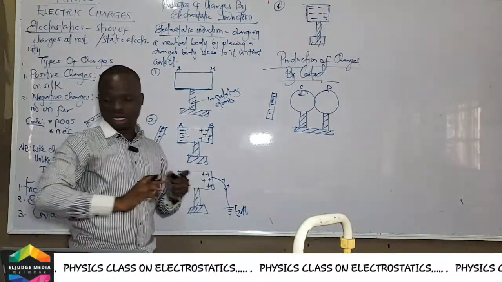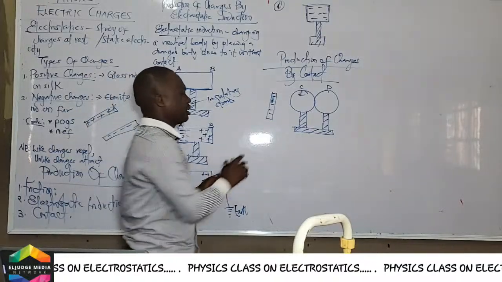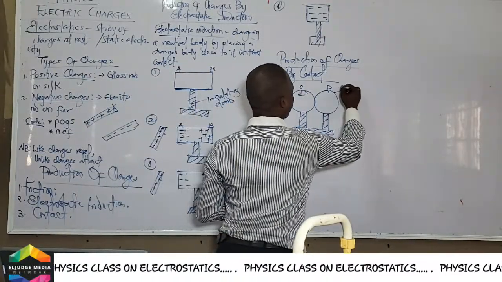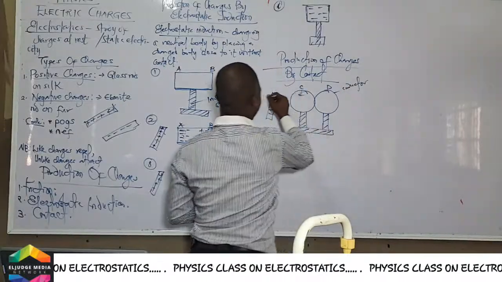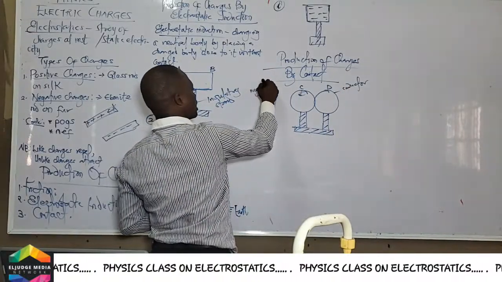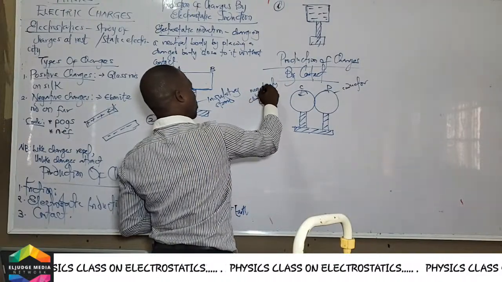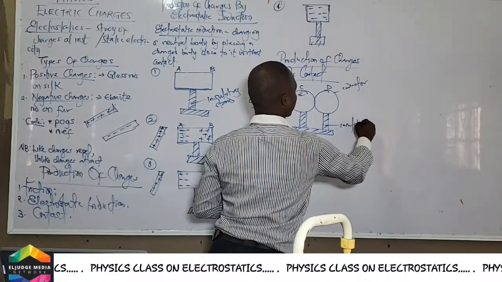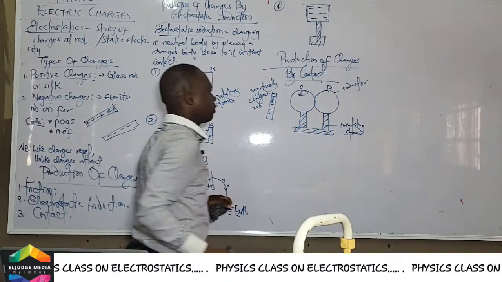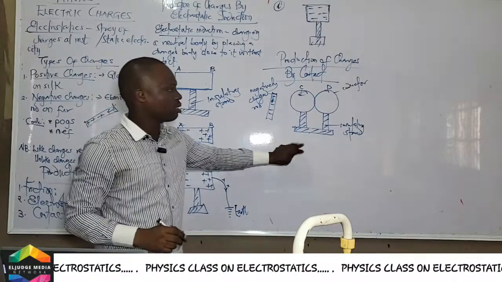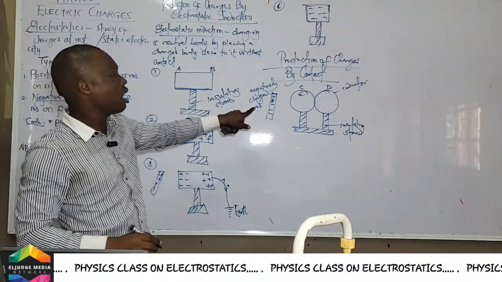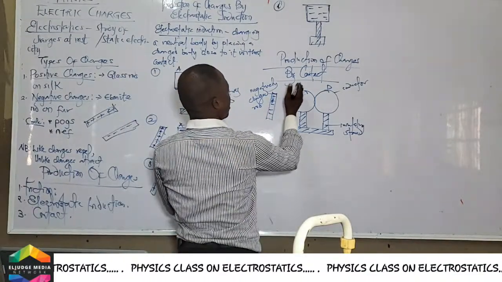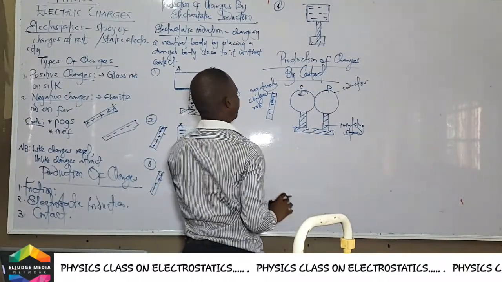Now, one thing that will happen in this case: this is the negative charge, this is the insulating stand, this is the conductor, and this is the negatively charged rod. When you bring this negatively charged rod close, C and D are in contact with each other.